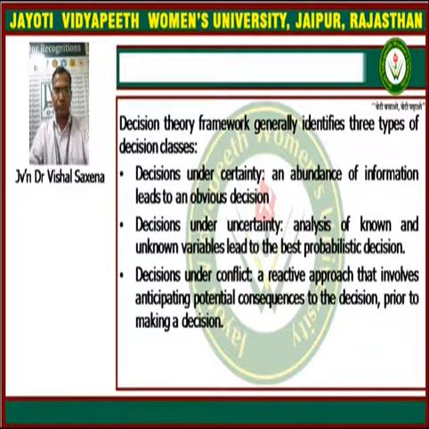Now the decision theory framework generally identifies three types of decision classes. What are these three types of decision classes? They are decisions under certainty, decisions under uncertainty, and decisions under conflict.